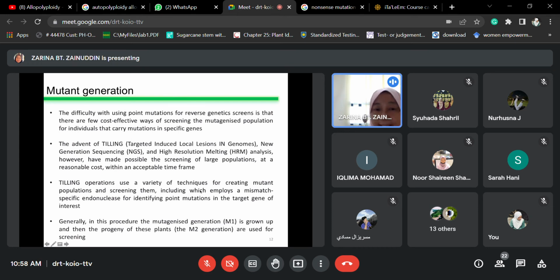So TILLING, for example, uses a variety of techniques for creating a mutant population and screening them, which employs a mismatch specific endonuclease to identify the point mutation. A point mutation means one single base pair.